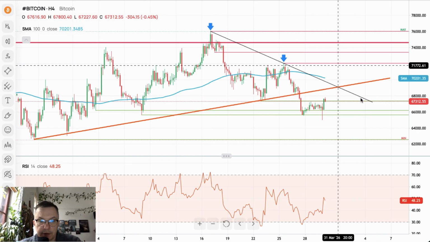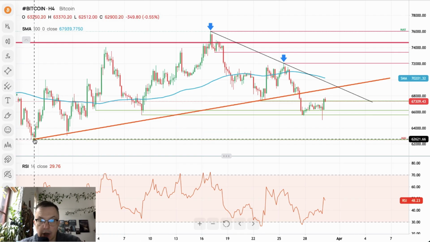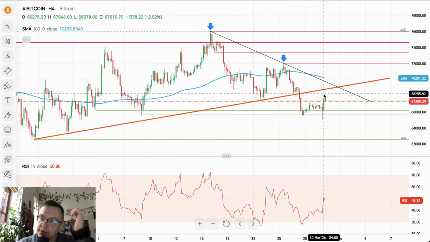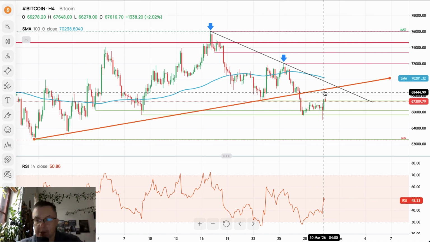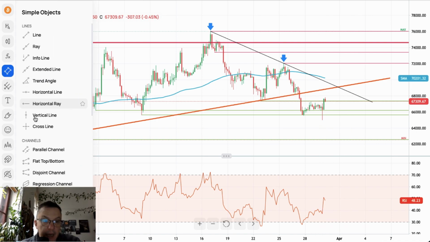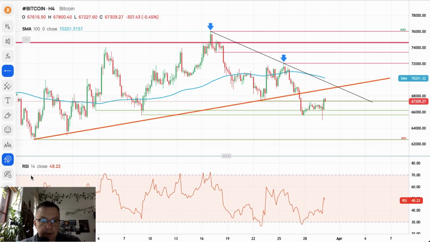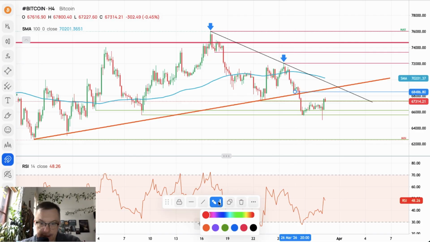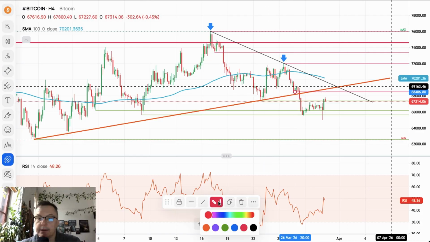Limiting the upside movement. The orange trend line is a stronger one, way stronger, and it will be limiting the upside movement as well. So please pay attention to this area, especially that level here that has not been tested just yet. This low, 68,486. Sorry. There you go.